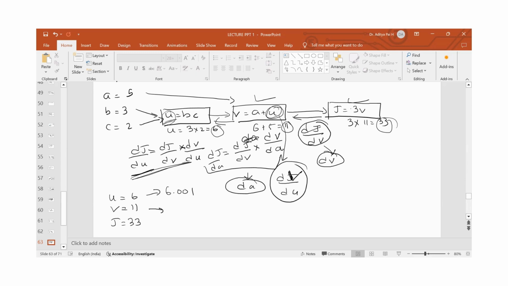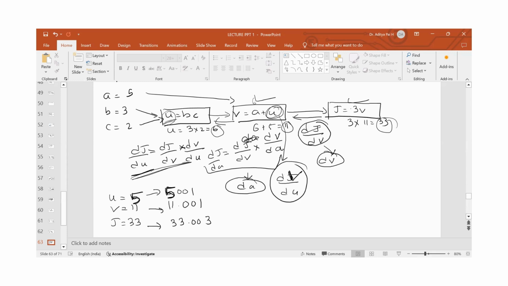Then my v value will be 6.001 plus 5, which is nothing but 11.001, and j will be 33.003.